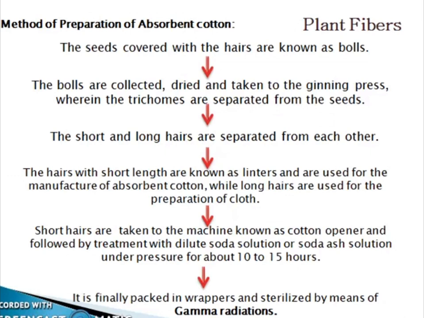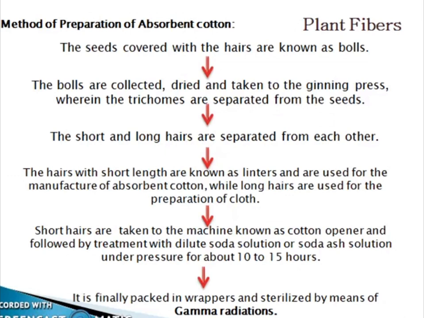The short length hairs are known as linters, and they are useful for the manufacturing of surgical dressings. So for surgical dressings, short hair is used, and for textiles, long hair is used. The linters, the short length hair, are taken to a machine known as the cotton opener.